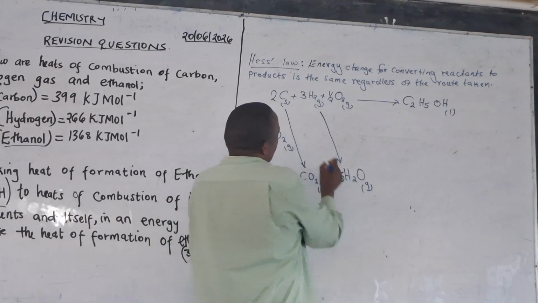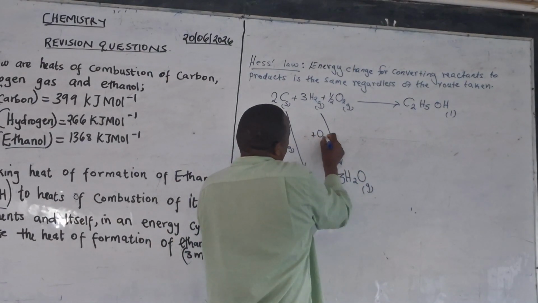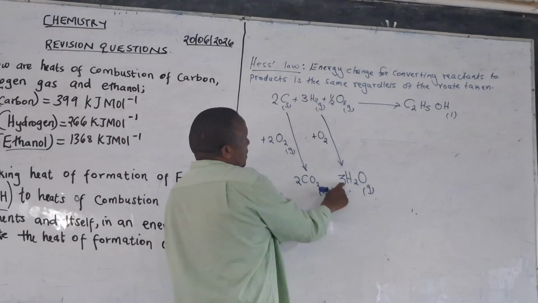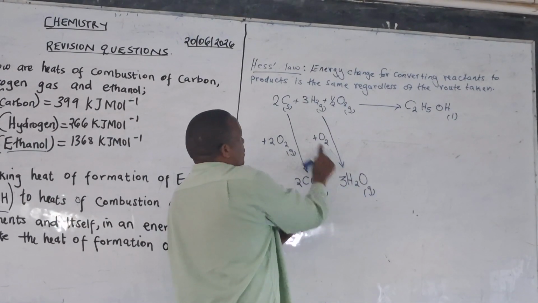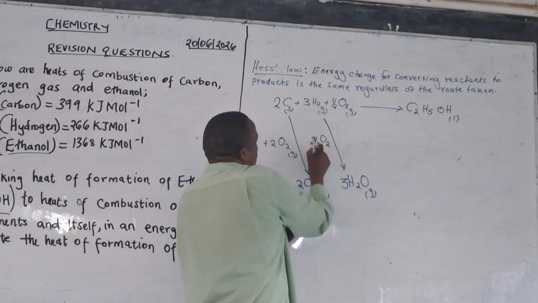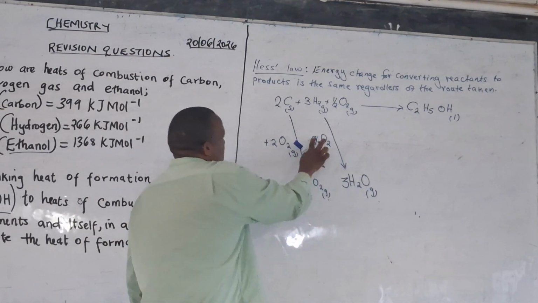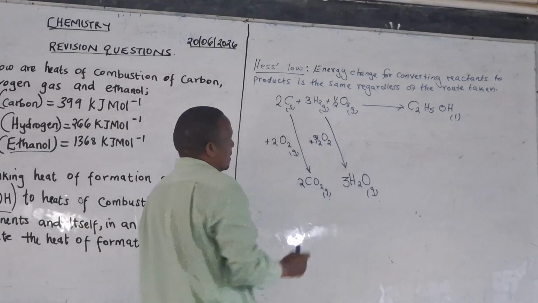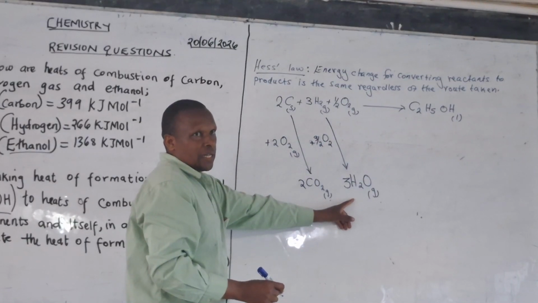So for oxygen, we'll say plus oxygen. How many oxygen atoms? 3 times 1? 3. So the oxygen which is added is 3 over 2. So it is plus 3 over 2 oxygen. Then you get water. Are we together?